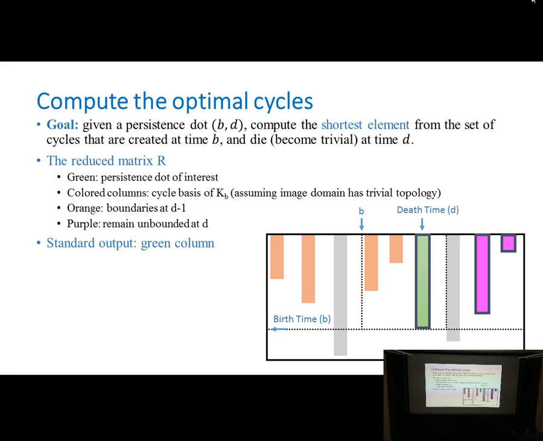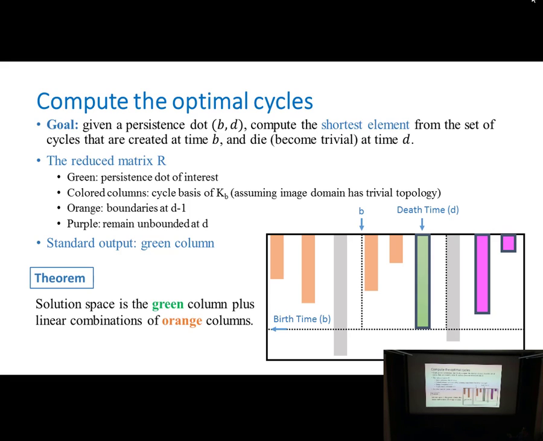At time D, this column becomes a boundary, and all the purple ones are the ones that will remain unbounded at time D. So what we really care about in this case is that we can show that the set of cycles that represent this homology class is really the green column plus any linear combination of these orange ones. This orange is really brown.